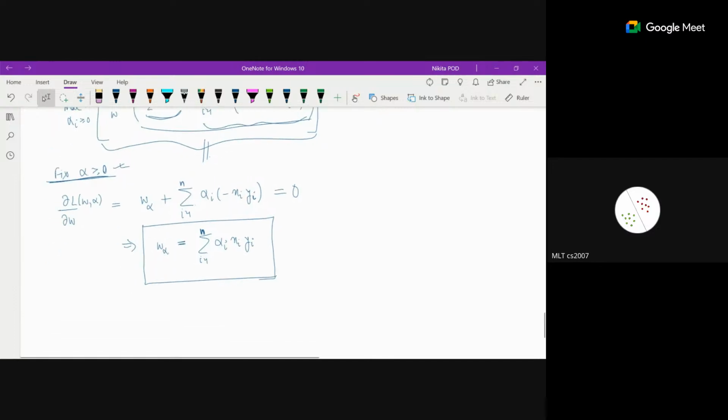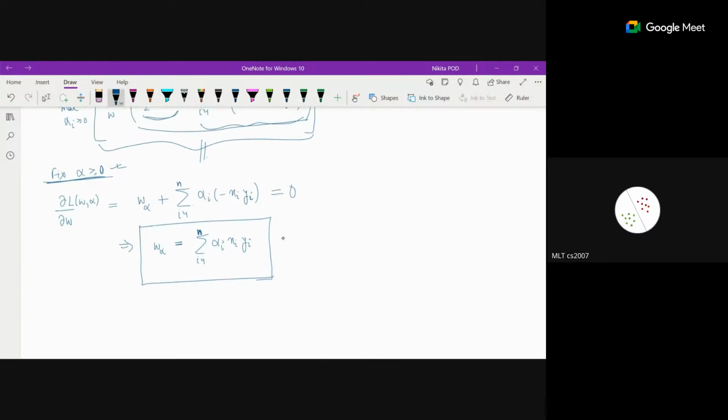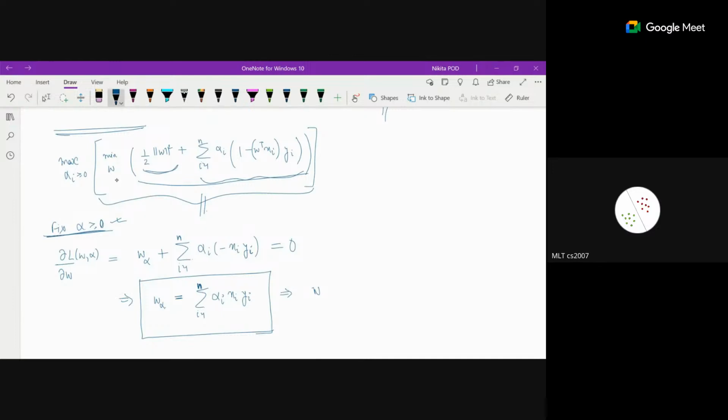And we can also write it in the form of a matrix. What is this W alpha? It's just W. We were looking at the minimization problem. To solve this, you take the derivative of the Lagrangian, which is W plus the summation of alpha I minus xi yi.